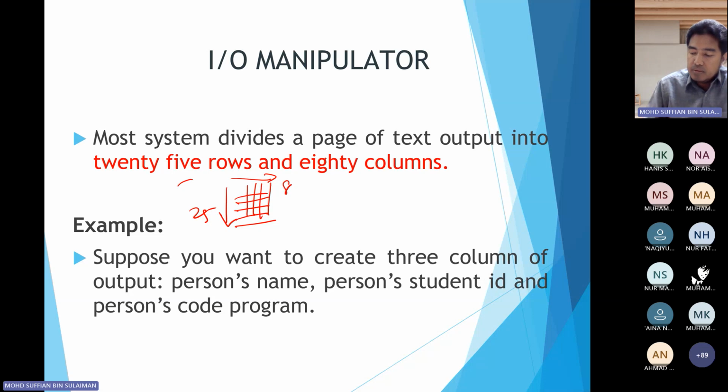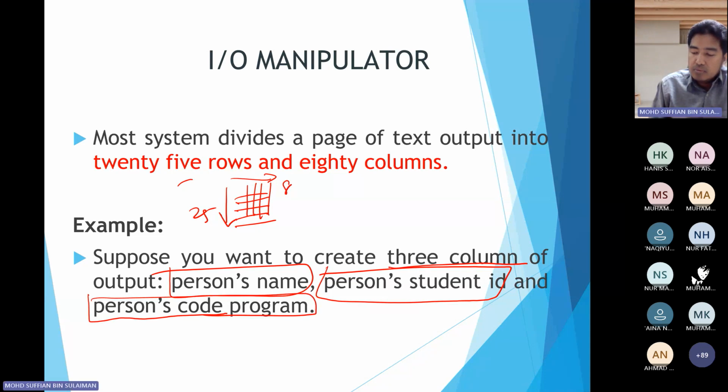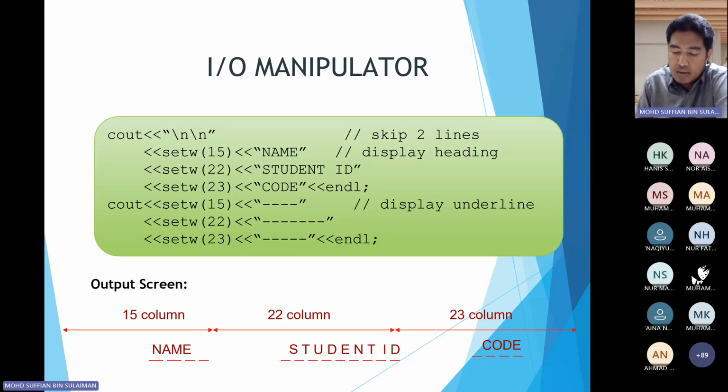How do you make 3 columns? This is how it is done. setw 15 for name, setw 22 for student ID, setw 23 for code.